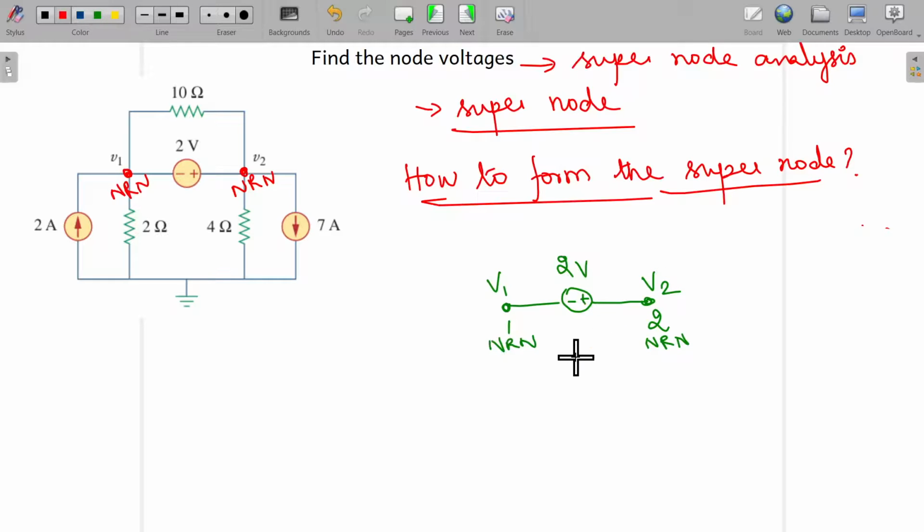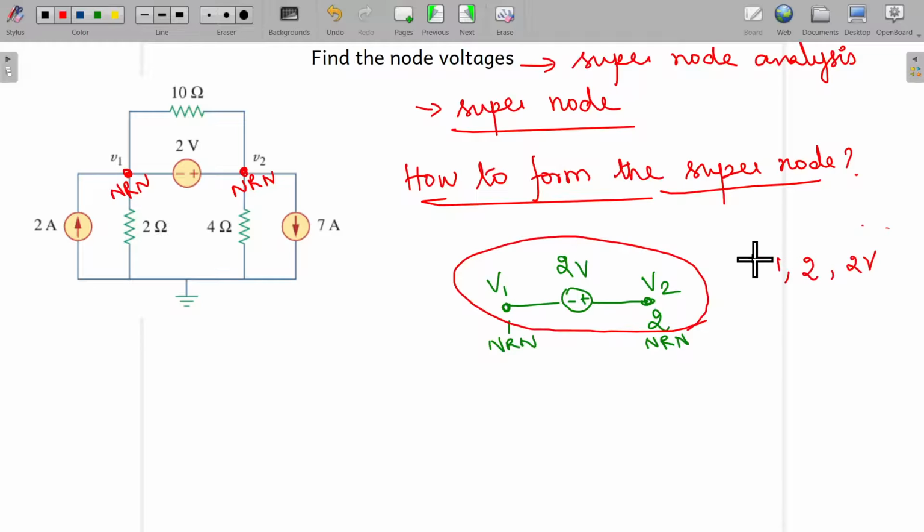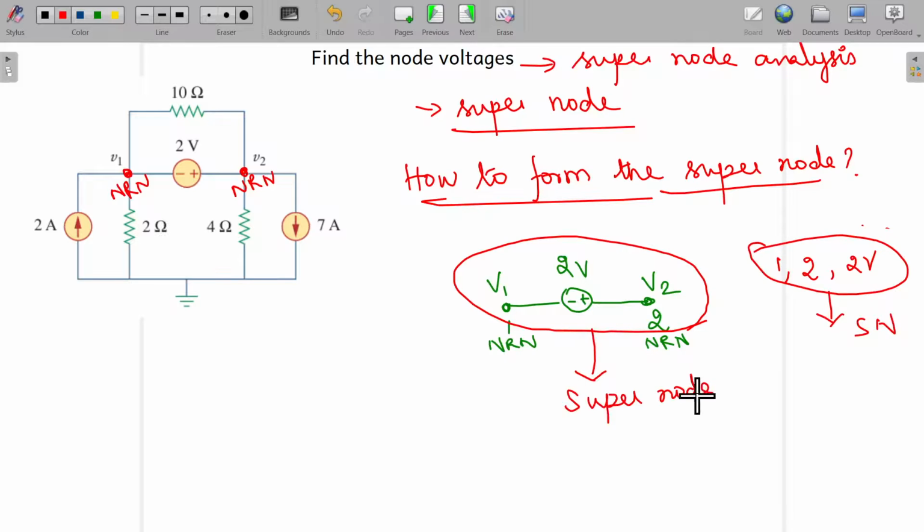If you combine or enclose these three things, the first node, the second node and the 2 volt voltage source, then we name this as a supernode. So now this is a supernode. A supernode is formed by combining two nodes along with the voltage source.